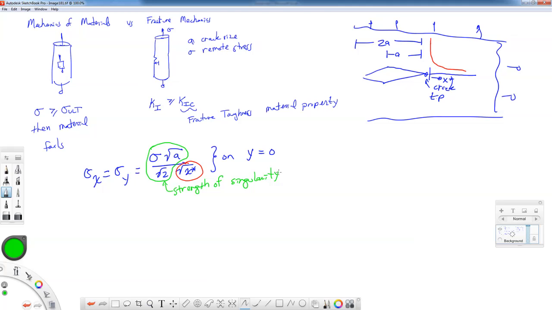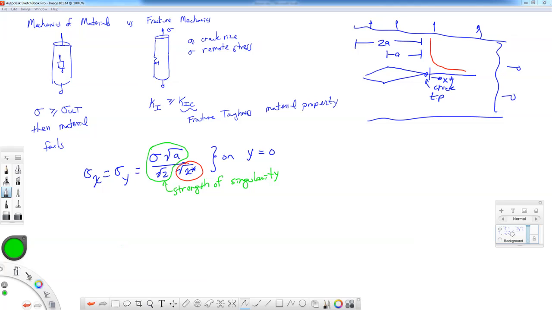That stuff out in front is the strength of the singularity, and it's just dependent on the remote stress field, depending on the square root of the crack length, and it depends on some other coefficients that may be out in front of it. In this case, it's 1 over square root of 2. Sometimes you can have other effects like a finite width plate effect and things like that that you would add in as what's called a geometry factor.